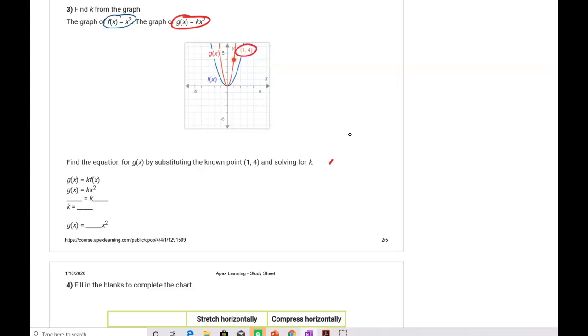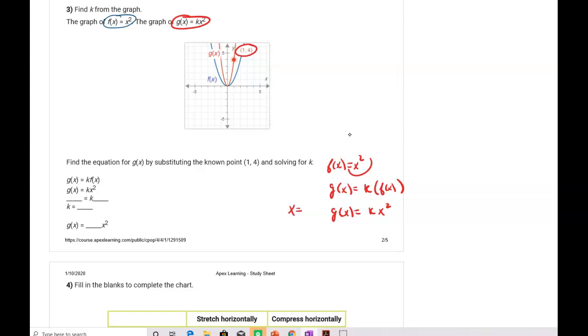Now, we know f of x is equal to x squared. We know g of x is equal to some number k times f of x. Well, if f of x is equal to x squared, g of x is equal to k times x squared.